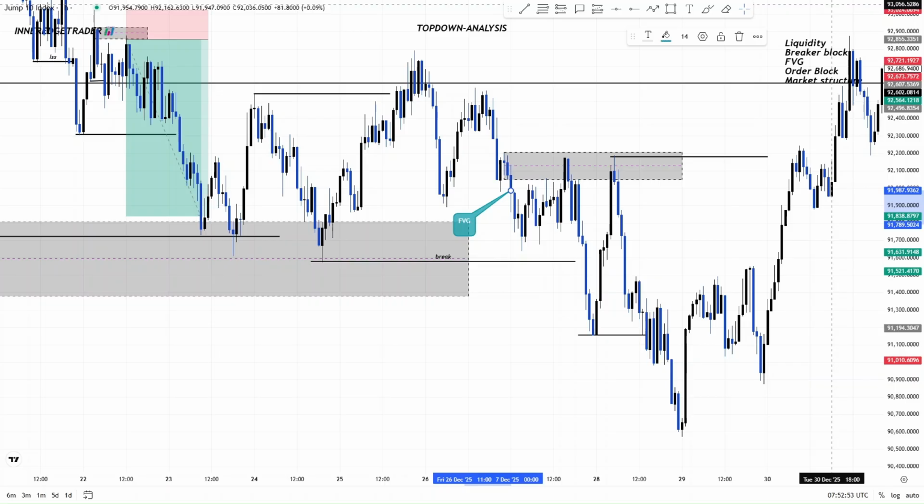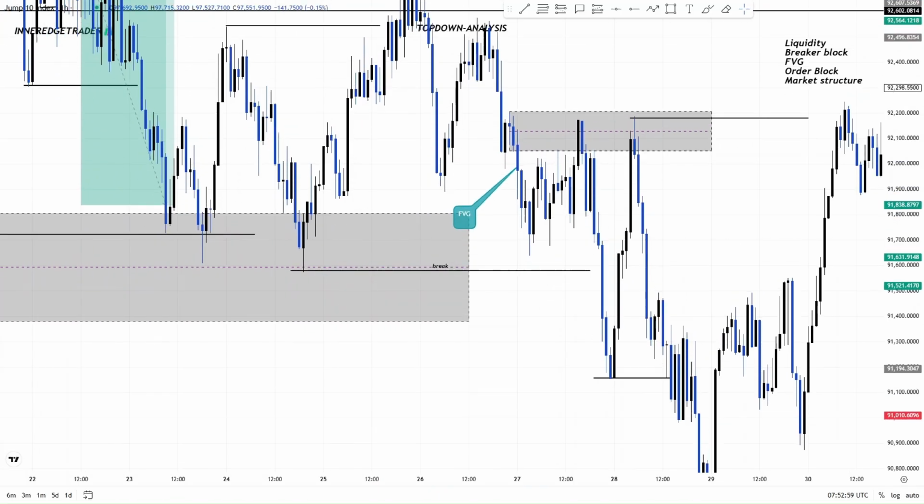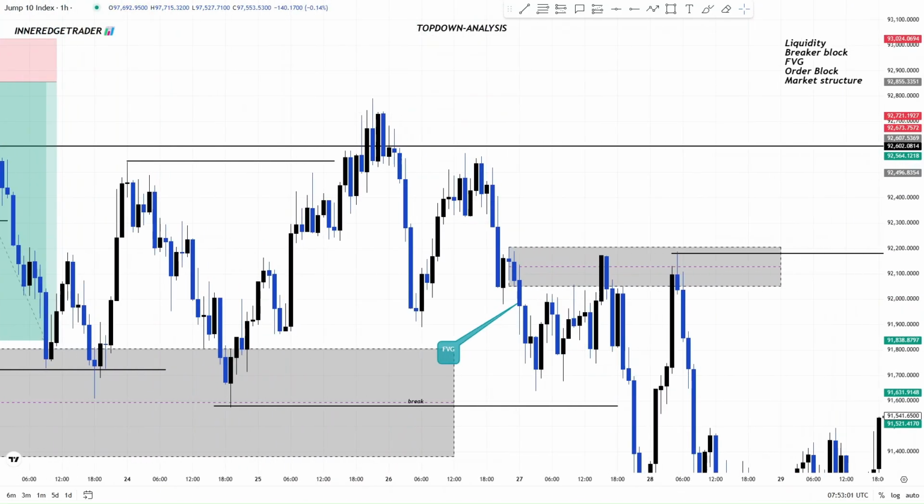So I was saying, now that we can see what our point of interest is after the favor lookup, because price has mitigated the zone before.